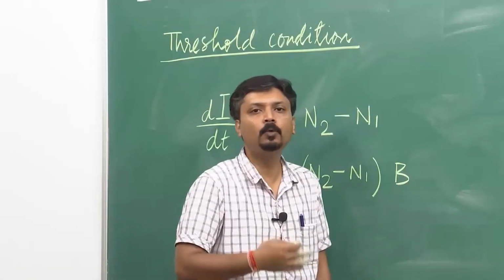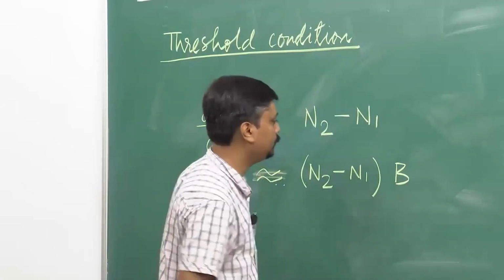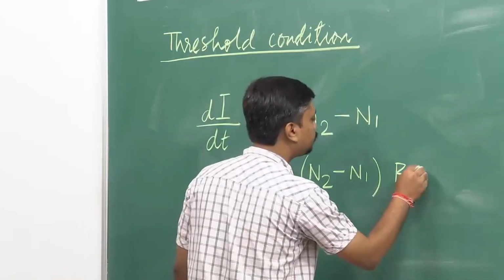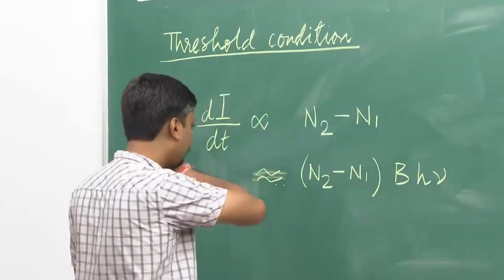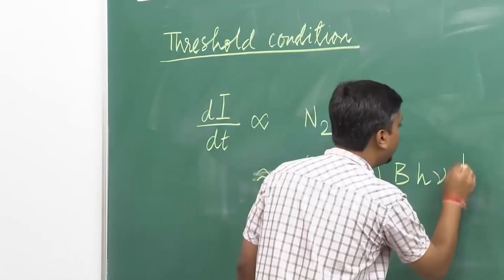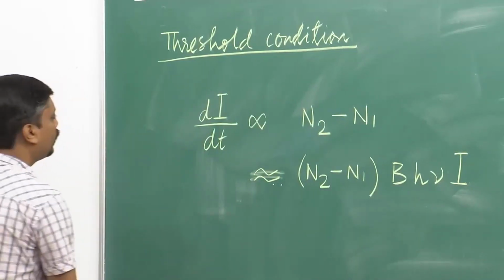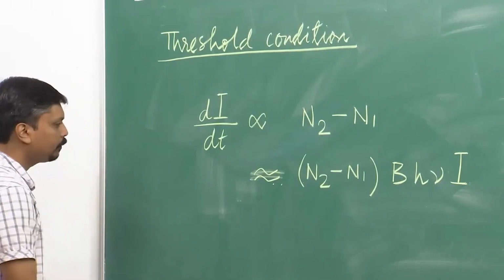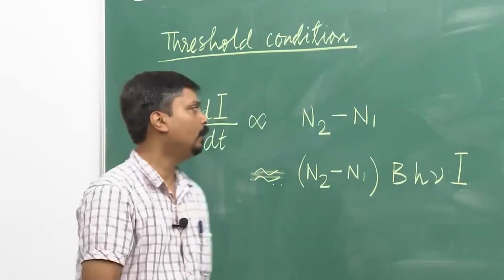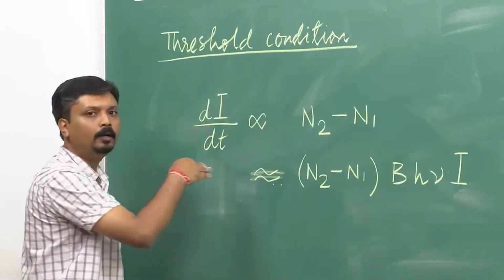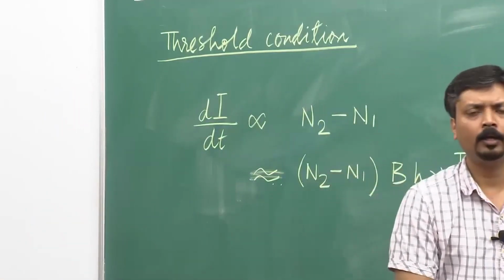So, I can use B21 equals B12 equals B, as we assumed in one of the previous classes. And this is ultimately multiplied by this I. All right. So, this is actually identical to the equation that we have seen earlier. That is just the rate of a transition.